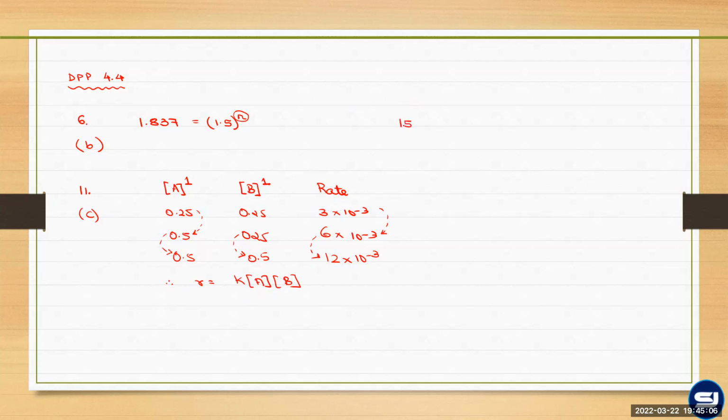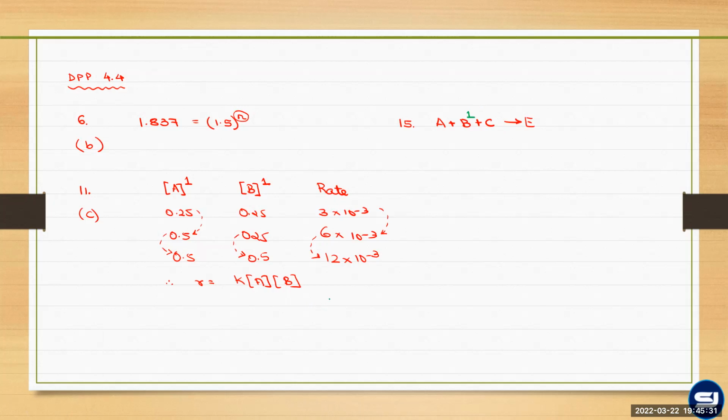15th statement form में है, वो मैं ले लेता हूँ. For the chemical reaction A plus B plus C giving you E, the rate of reaction is doubled when concentration of B was doubled. Meaning B का order is 1. And when the concentration of both A and B were doubled, the rate becomes doubled.